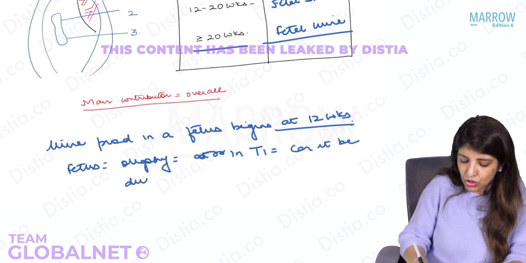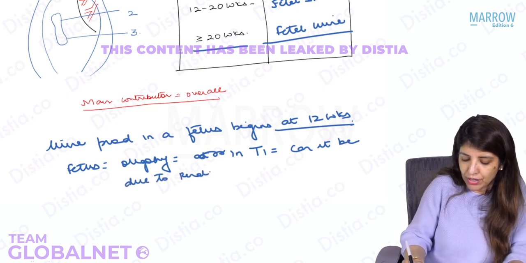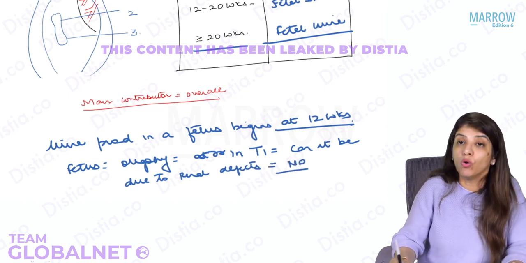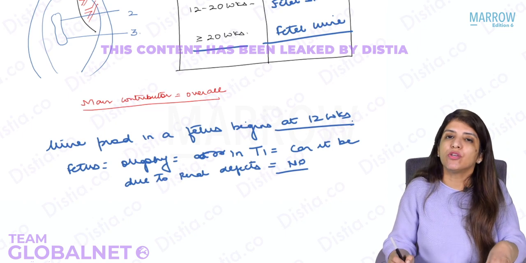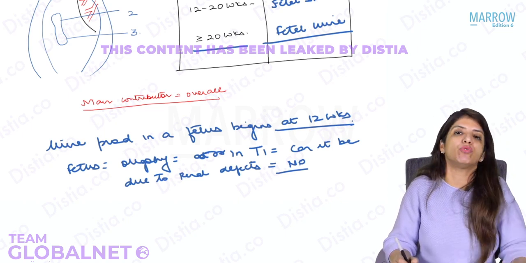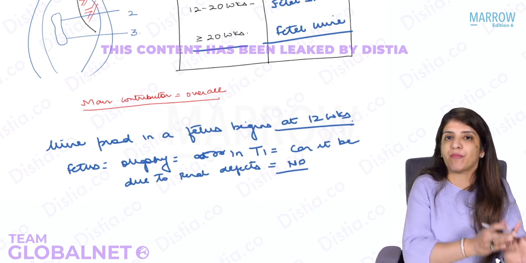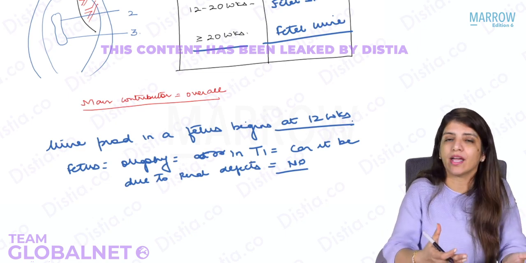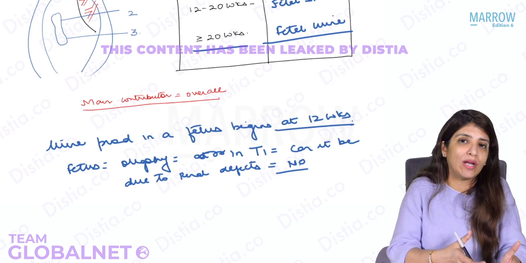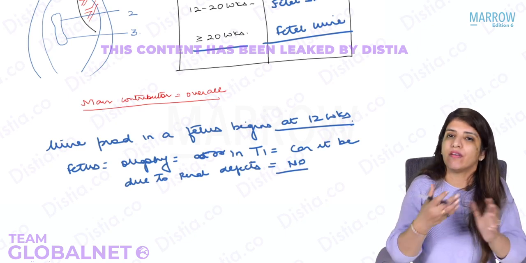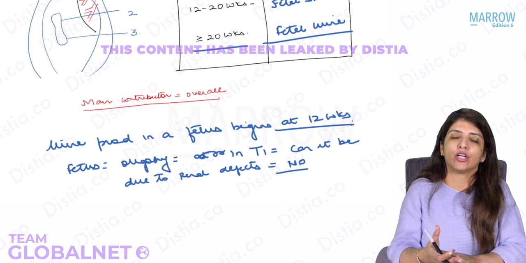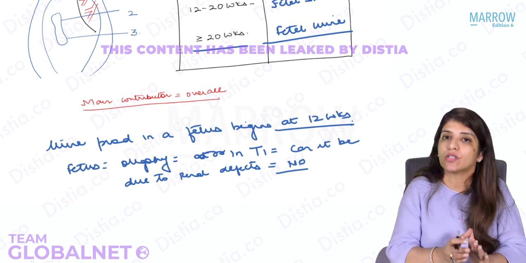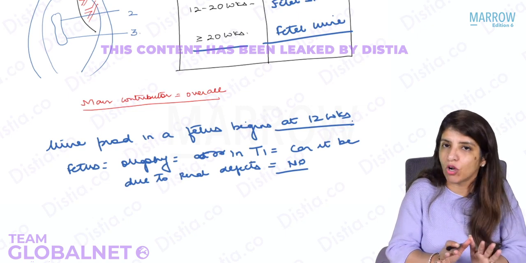Your answer is going to be no, because fetal urine doesn't contribute to amniotic fluid in first trimester, right? Fetus starts producing urine only at 12 weeks, right? So fetal urine is never a contributor to amniotic fluid before 12 weeks. Yes, after 12 weeks, fetal urine is a contributor. Is this clear to all of you?